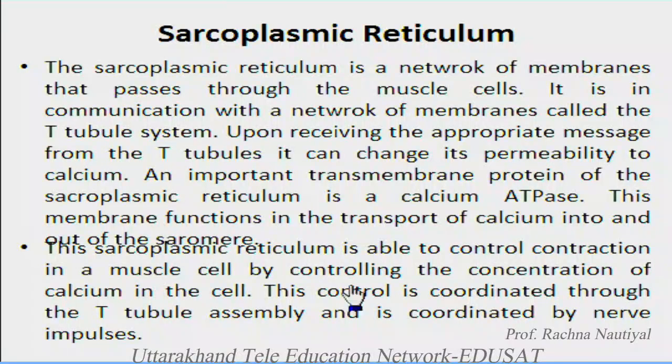An important transmembrane protein of the sarcoplasmic reticulum is the calcium ATPase. Its function is the transport of calcium into and out of the sarcomere.